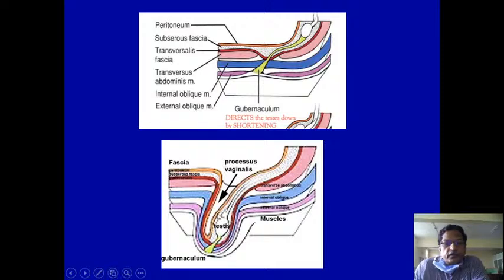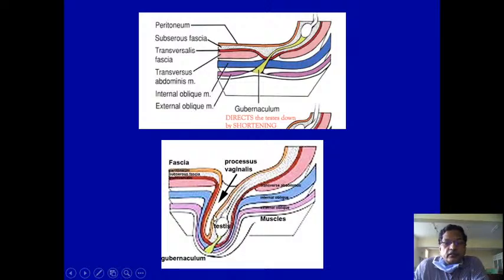And from the upper pole of the testis, the remaining processus vaginalis obliterates completely. So only around the testis there are 2 layers of peritoneum. We call it tunica vaginalis testis, and one layer is intimately connected with the tunica albuginea, that is the outer tough layer of the testis. The other is the parietal layer. Between this parietal layer and visceral layer of tunica vaginalis, there is a potential space.